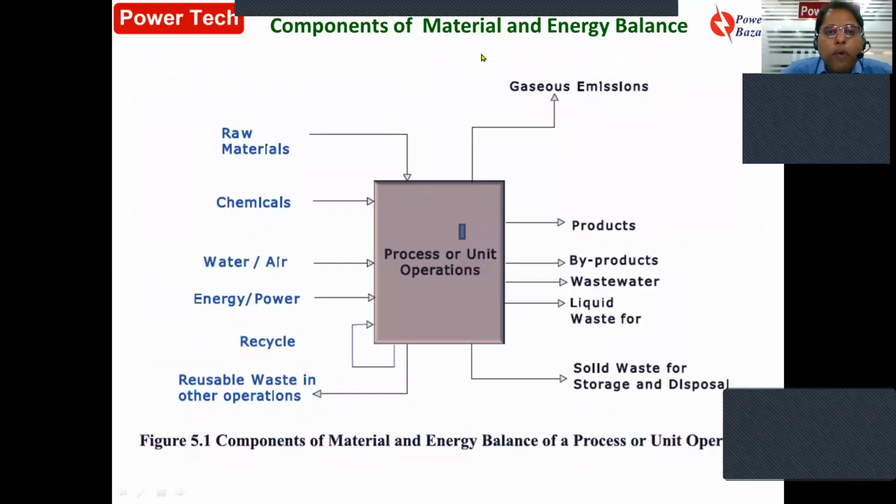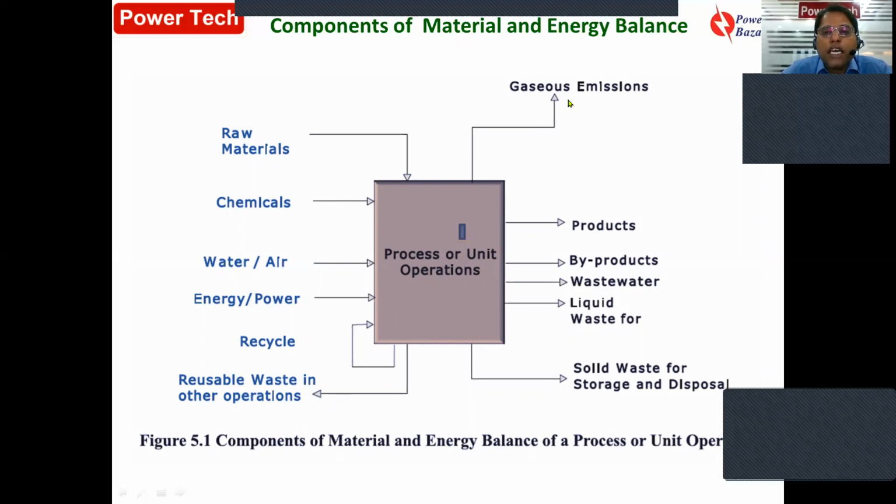Now, what are the major components of material and energy balance? Let us examine this: this is a process or unit or operation. These are raw materials, chemicals, water, energy or power. Some amount of products are being recycled, and this is reusable waste in other operations. Now what is the output?